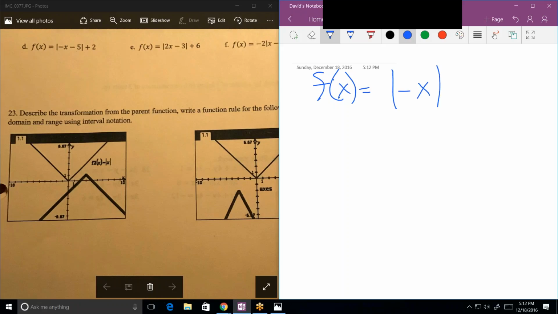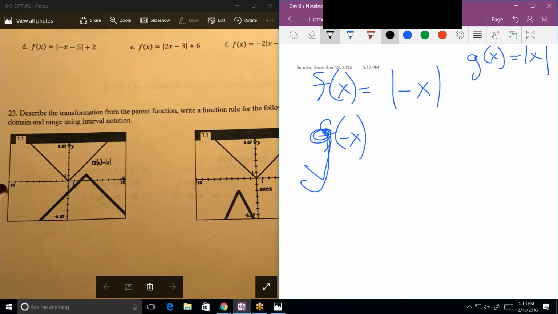Correct, because what it really is is f of minus x, or g of minus x. If g of x is absolute value of x, then what we're looking at is g of minus x, right? And that means it's inside the function, and so that would be a horizontal reflection, which is a reflection over y.